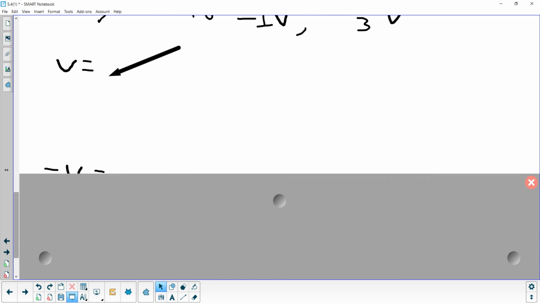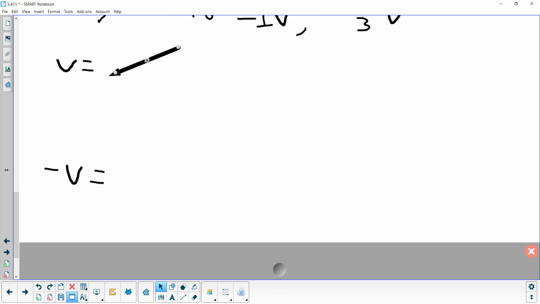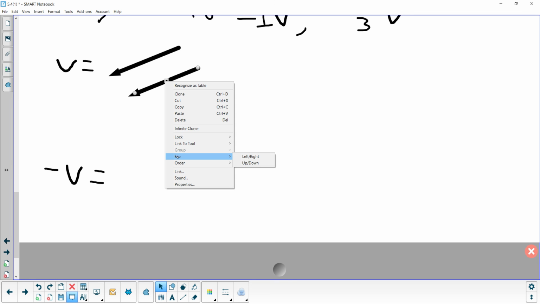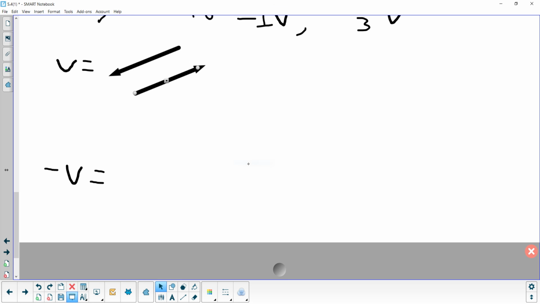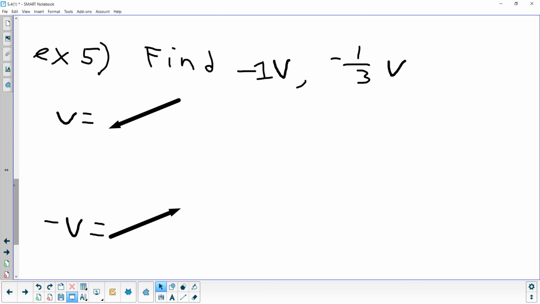And that is something, if I want, I can do that exact on here by making a copy. And if you do a horizontal flip and then do a vertical flip, that's effective to rotating it 180 from geometry. Okay, so there's negative V. Now, negative 1/3 V is going to take what I just did and make it 1/3 the length.